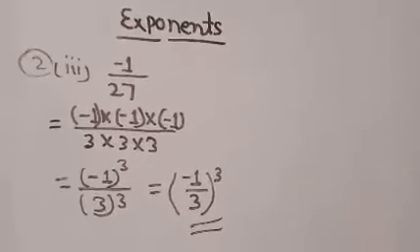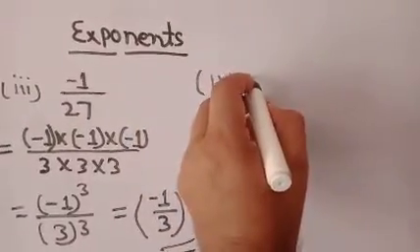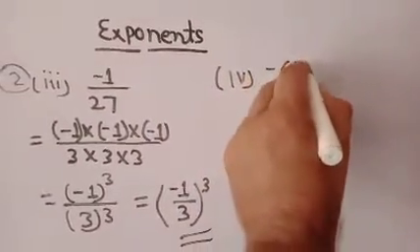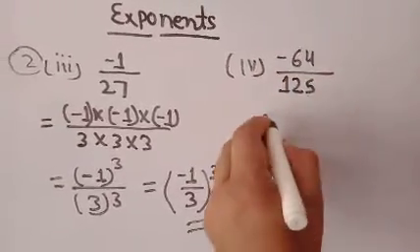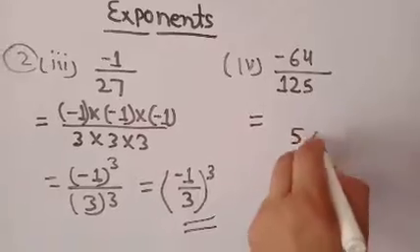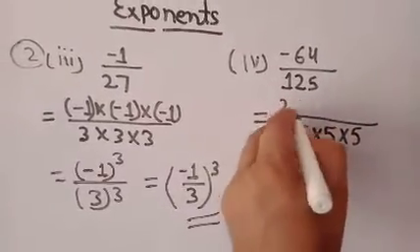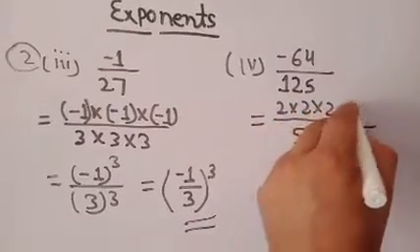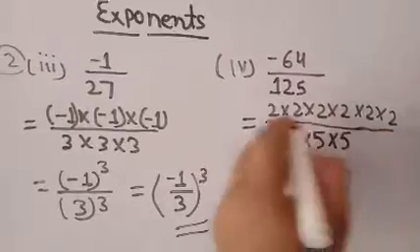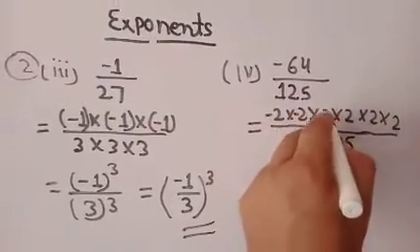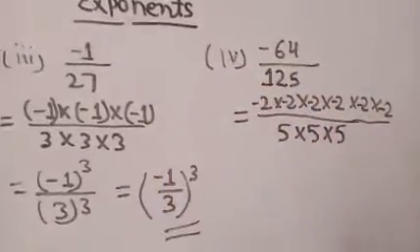And the last part, the fourth one: minus 64 upon 125. As you know, 125 is the product 5 into 5 into 5, but 64 is 2 into 2 into 2 into 2 into 2 into 2. Put minus in front of every 2 because this is negative.